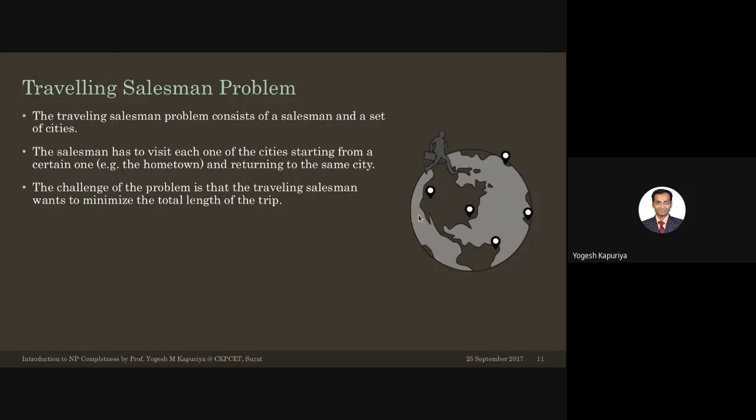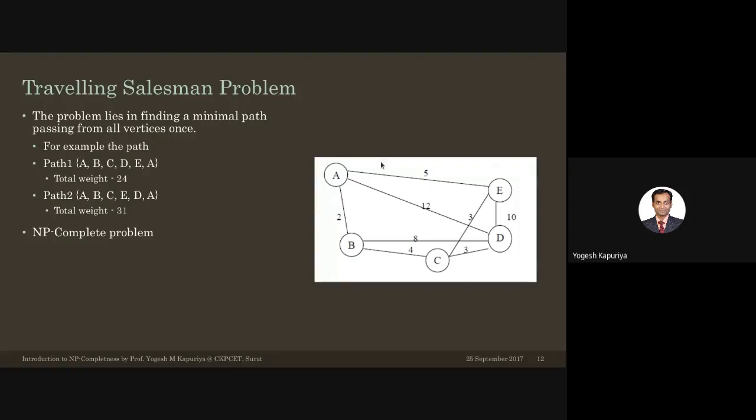That means he will start from one city and return to the same city, but during his journey he has to travel to each of the cities. The challenge is that the traveling salesman wants to minimize the total length of the trip. So let's say you have these five cities, A, B, C, D, E. The problem lies in finding the minimal path passing through all vertices once.